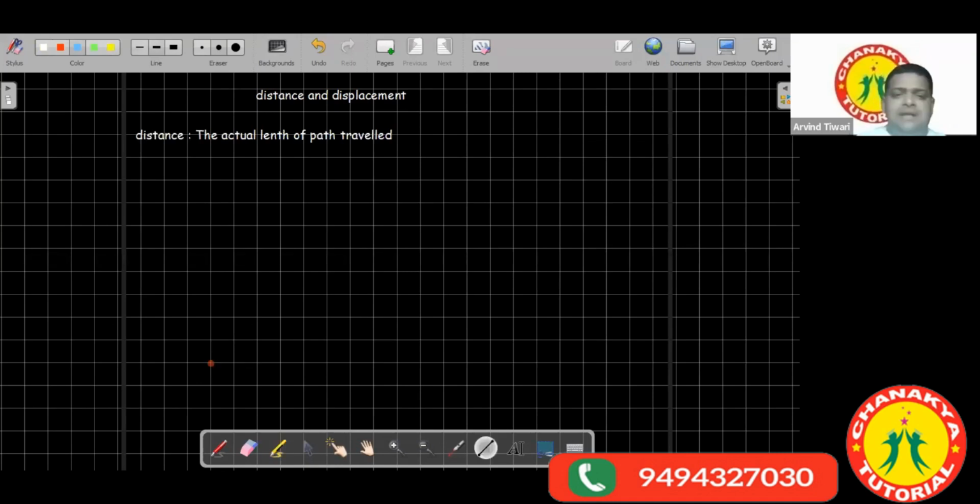Suppose I'm moving like this, I move 3 units, then again 3 units, again 3 units, and now 1 unit. Here each unit is 1 centimeter. So what is the distance traveled?